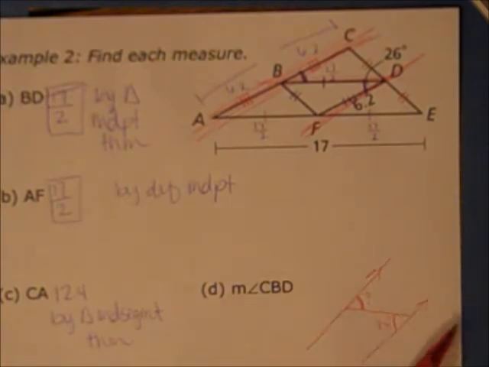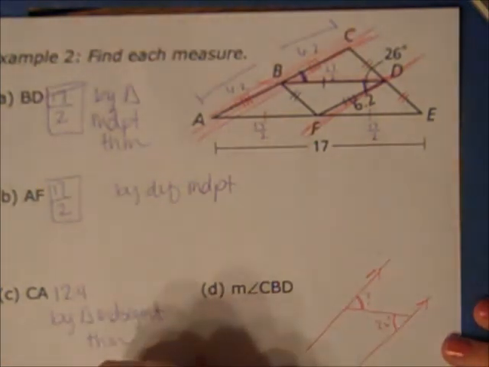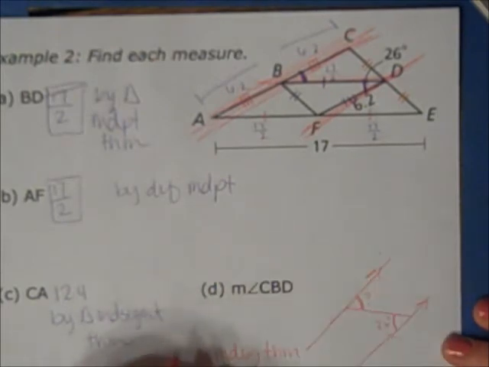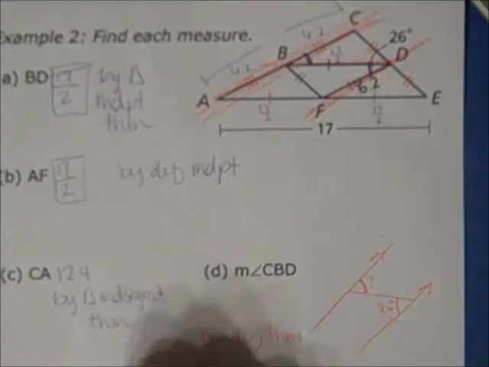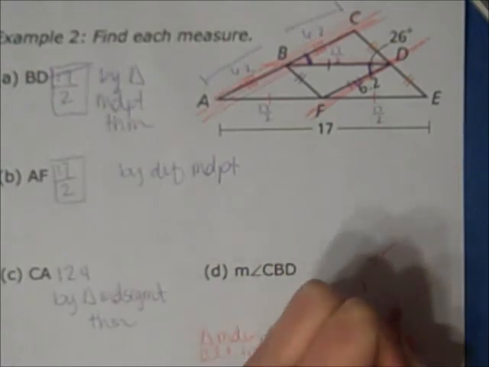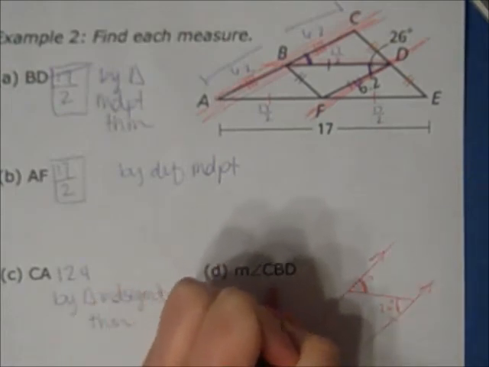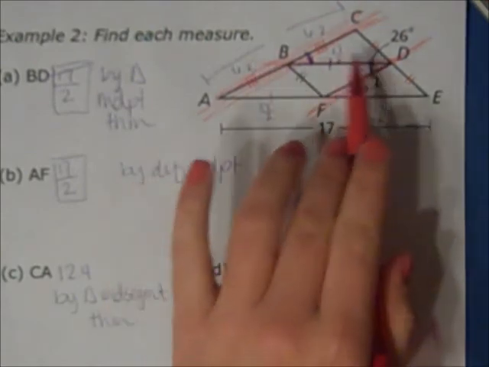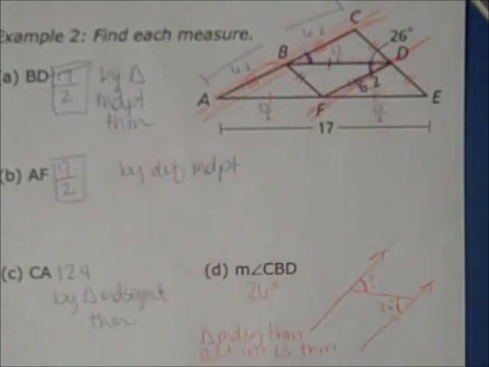When you highlight the important parts, it's very easy to see that the triangle mid-segment theorem gave me that these are parallel, and knowing that they're parallel, the alternate interior angles theorem tells me, hey, if this is 26, then this is also 26. So kind of two steps there. Make sure that you can see this alternate interior angle cut by a transversal.